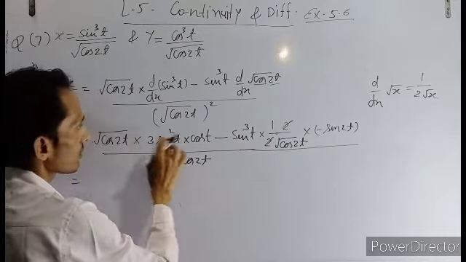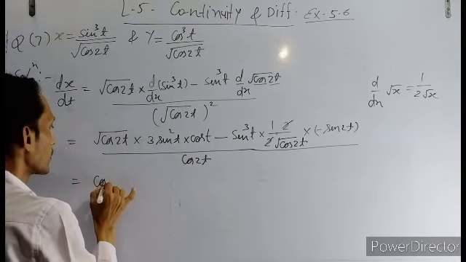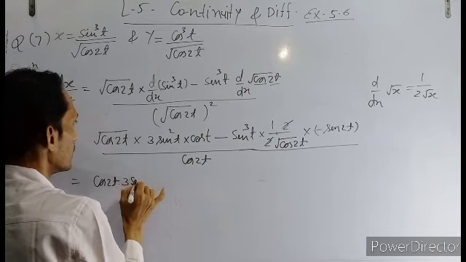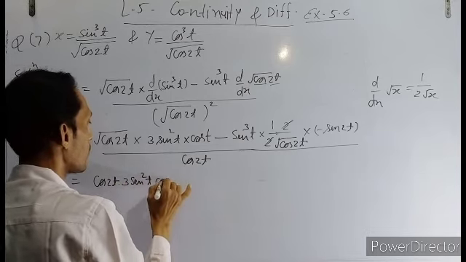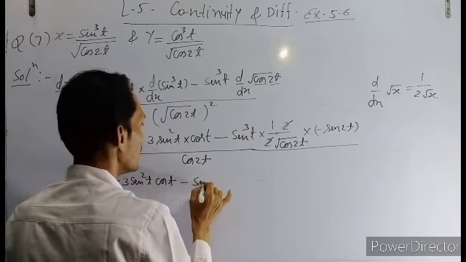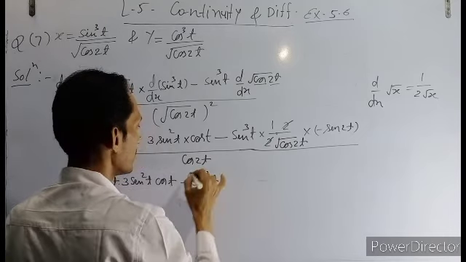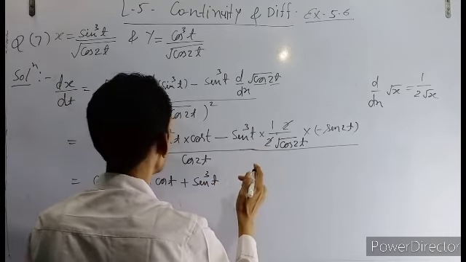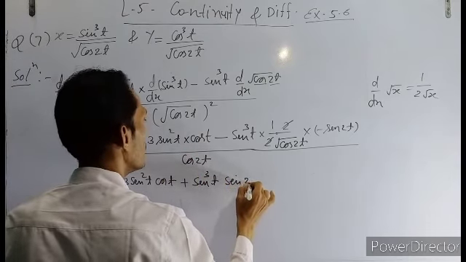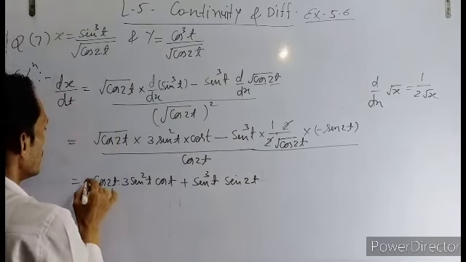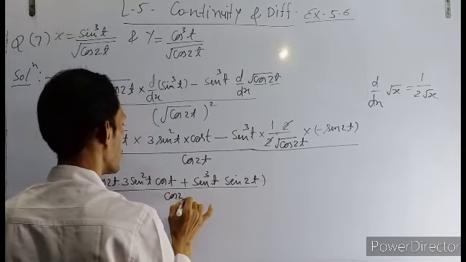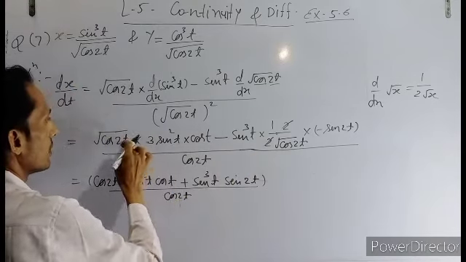Now take the LCM. This cos 2t will be reduced here: cos 2t into 3 sin square t cos t, minus sin cube t, minus becomes plus, sin cube t into sin 2t, upon cos 2t under root cos 2t, since the LCM will come here.